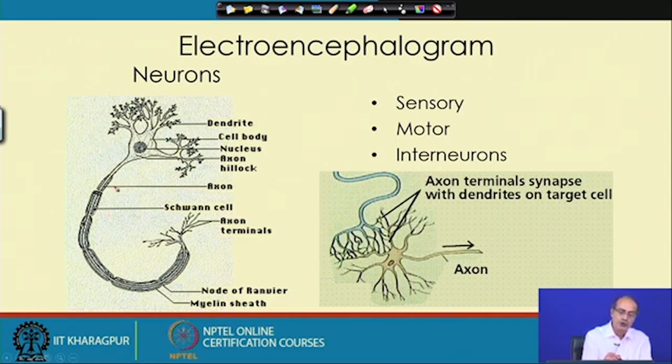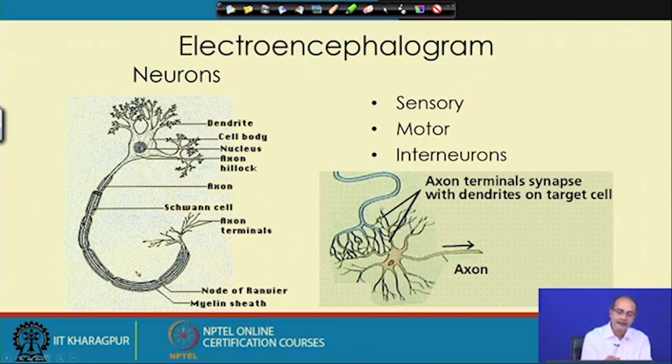So, to have the action potential, there are gaps, and we mark them. They are called nodes of Ranvier. In between the continuous myelin sheath, there are some gaps where there is no sheathing, and that is called a node of Ranvier.